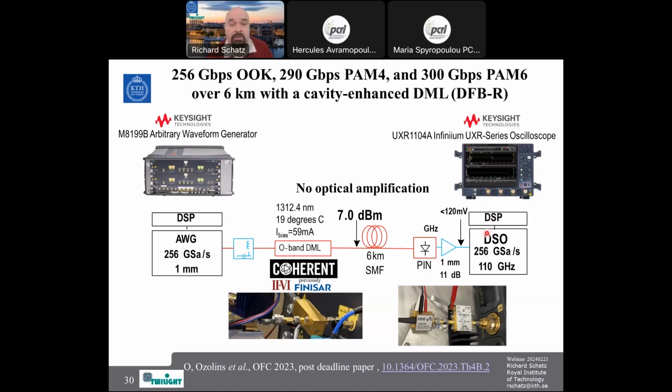Both have a sampling rate of 256 gigasamples per second, and then we had this laser here. Without optical amplification, and with 6 kilometers of single mode fiber, we were able to get these results, which I will show here.